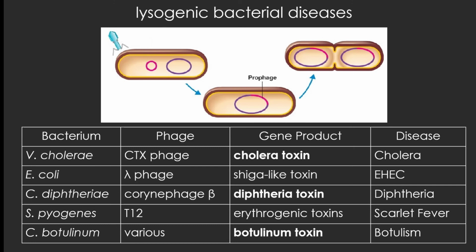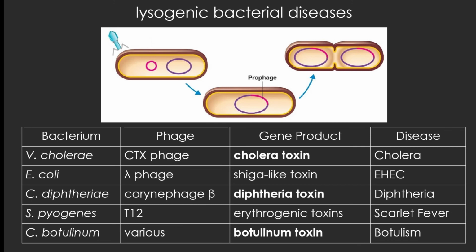And then finally, Clostridium botulinum can be infected with various different kinds of phages, which bring with them the botulinum toxin and allow it to cause botulism. So there are strains of these bacteria which are toxigenic and cause these diseases, and there are strains of these bacteria which are non-toxigenic and don't cause these diseases.